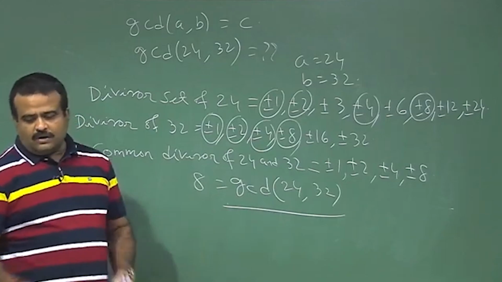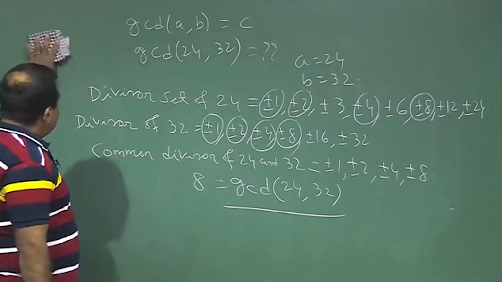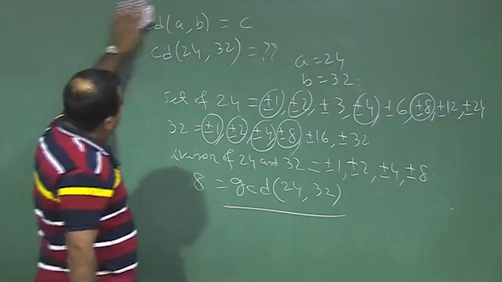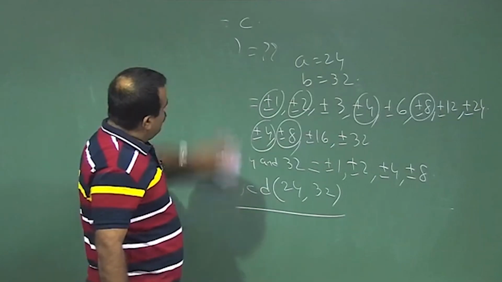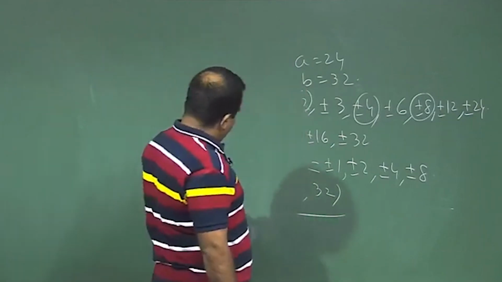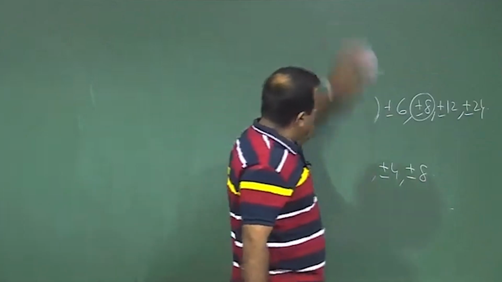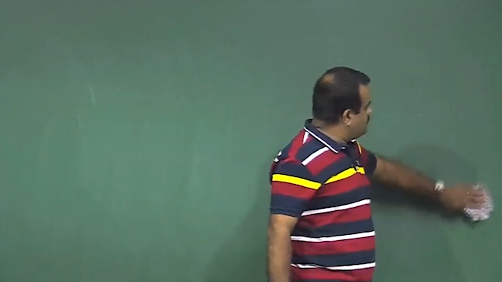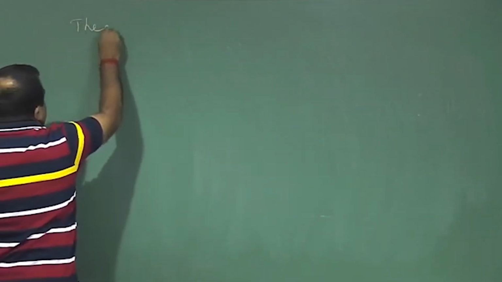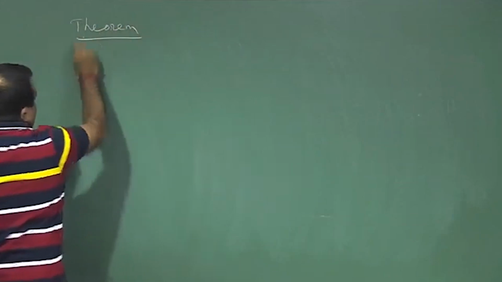Okay. So, now we will talk about some results based on the greatest common divisor and then we will talk about how to find the greatest common divisor of two integers A, B, that is called the Euclid algorithm or Euclidean algorithm. So, some results we will discuss here. So, this is a result or we can have a theorem form.